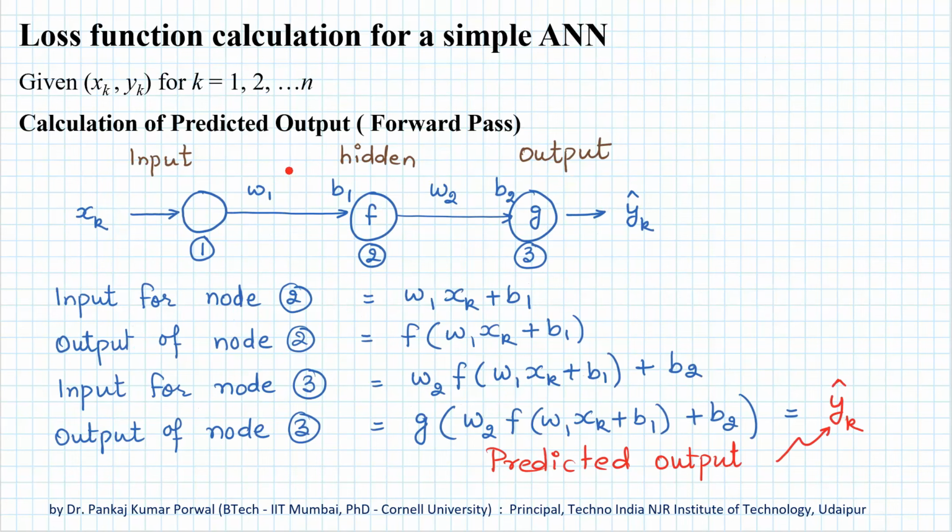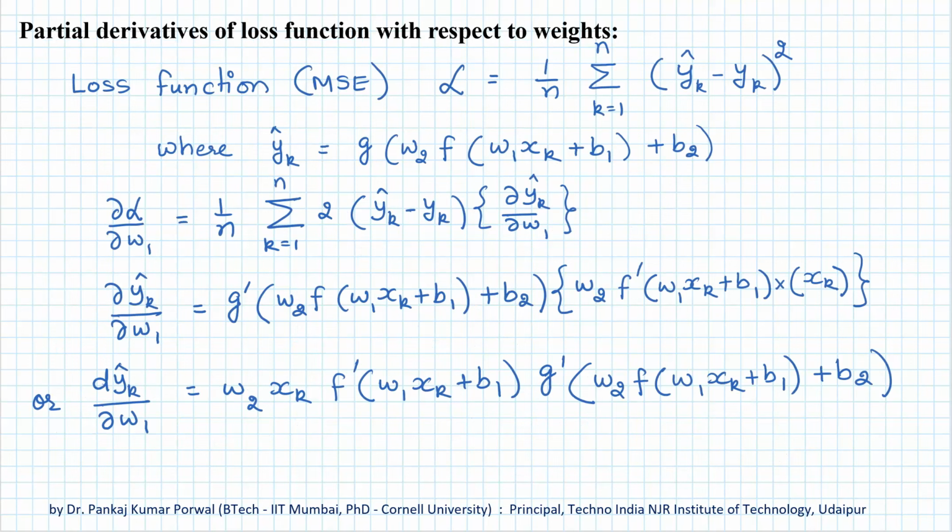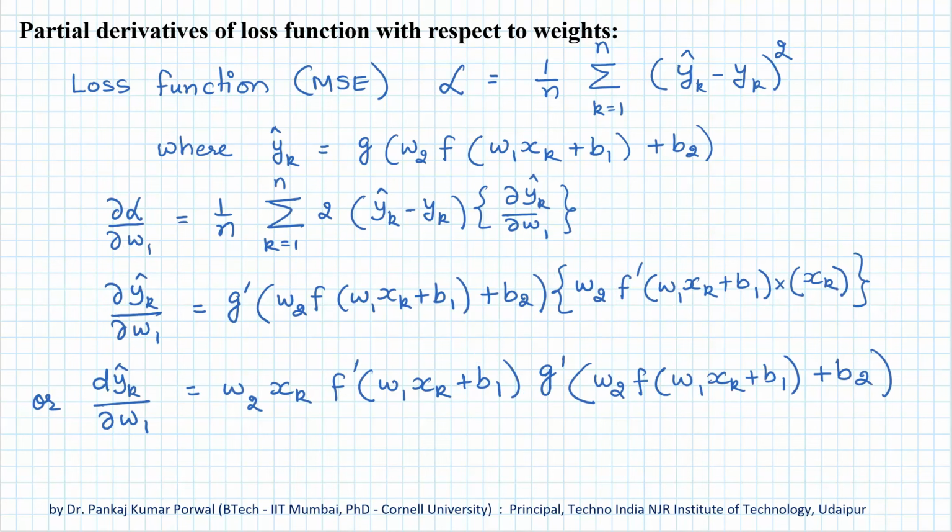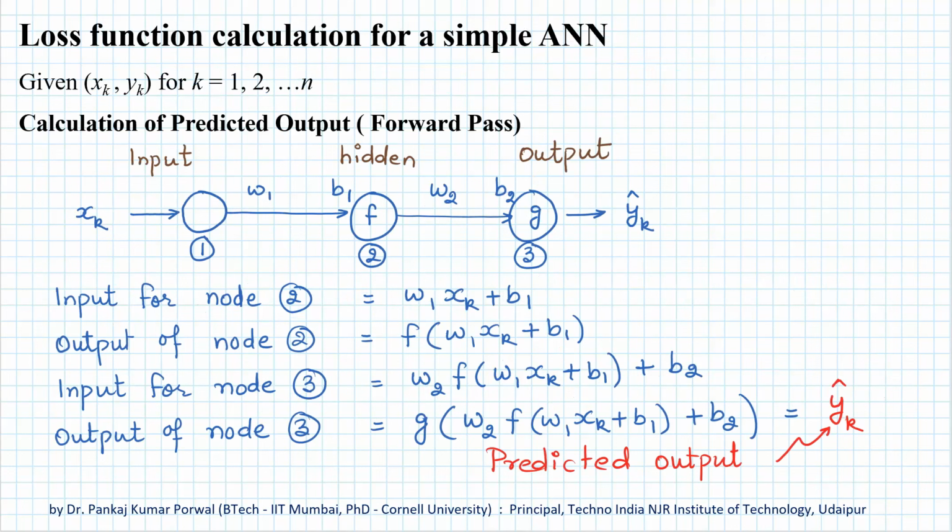Then I move one layer back, and there I need both f dash as well as g dash, but g dash I have already found here, so I can use it here. So it will be more convenient to find partial derivatives of the loss function starting from the last layer and then moving backward one step at a time.